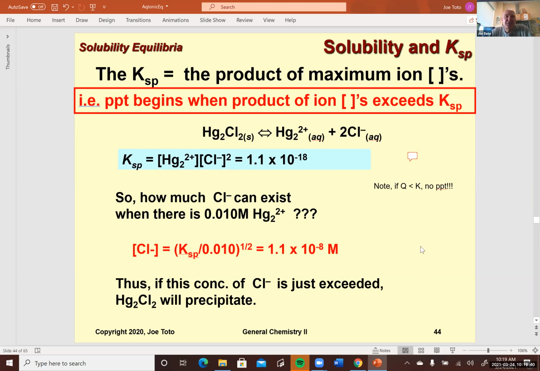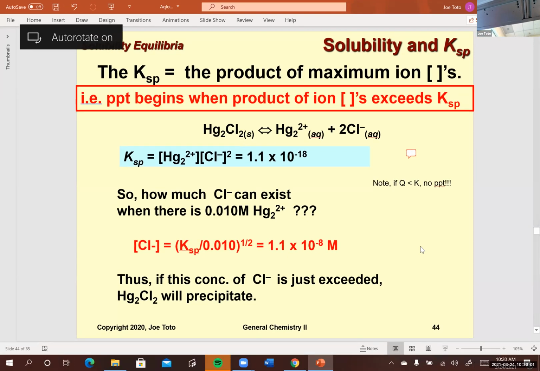And this slide introduces another interesting concept about the solubility product constant, or the Ksp. Now, the Ksps, you can look up for a bunch of insoluble salts, and they're in your textbook. And you can look up tables of Ksps online. And what they tell you is not only all the ordinary stuff that we know about acid and base equilibria, but they also give you maximum ion concentrations that are allowed in solution.